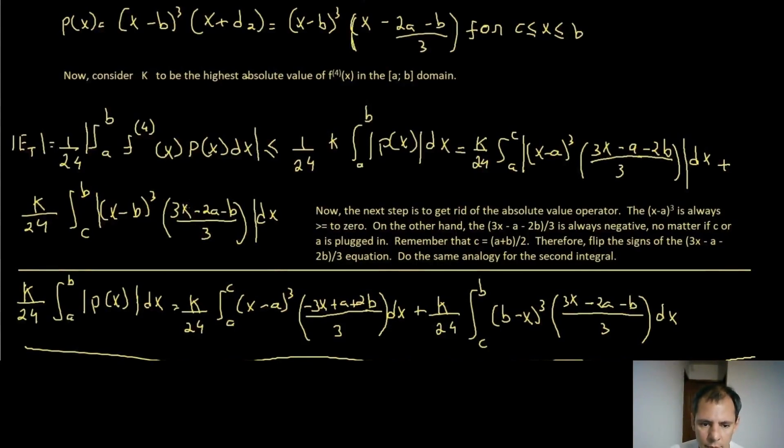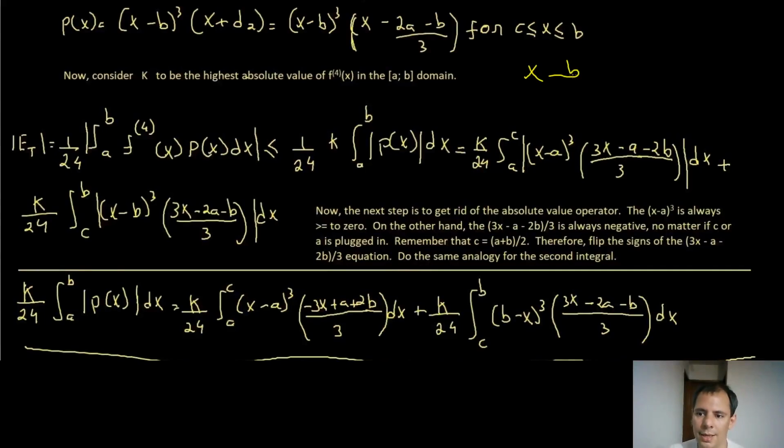On the second integral, I replaced c in here on this x, and I replaced b in here on this x too. And I discovered by inspection that it's always going to be positive, so you don't have to flip the signs. On the other hand, x minus b is always going to be less than or equal to 0. Because when x equals b, x minus b is going to be 0.